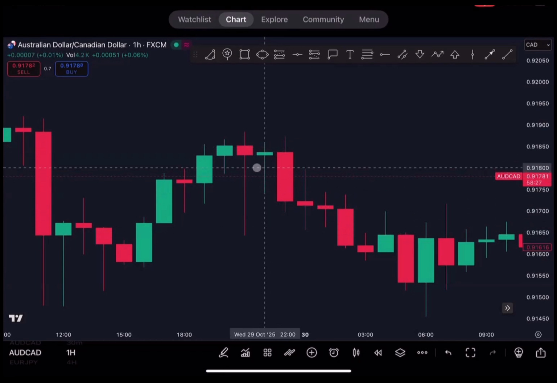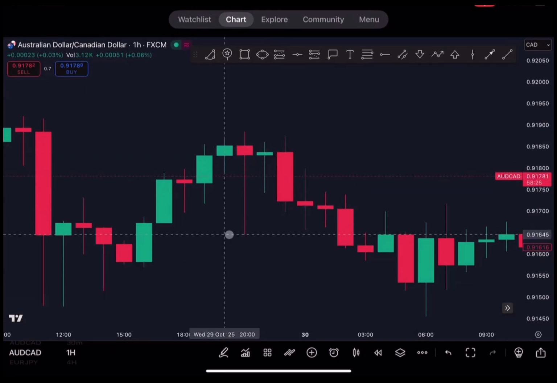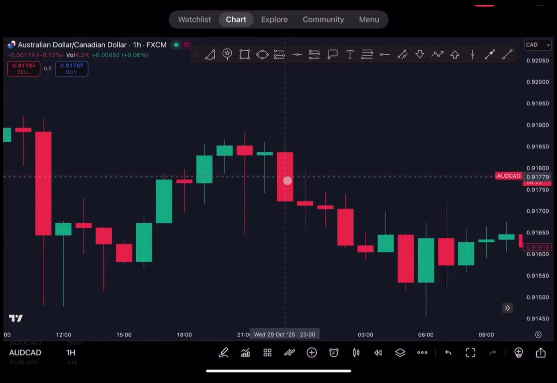Because I have my time frame set to 1 hour, each candlestick will represent 1 hour. So, if we hover over, it actually tells us specifically at 2300 hours, which would be 11 p.m. depending on your time zone, on October 29, 2025, the price action was in this range.